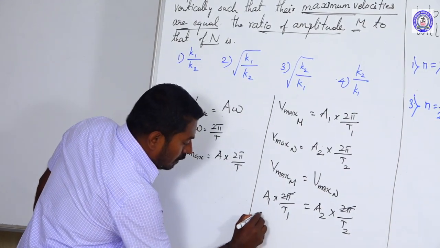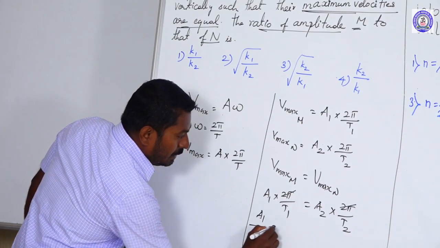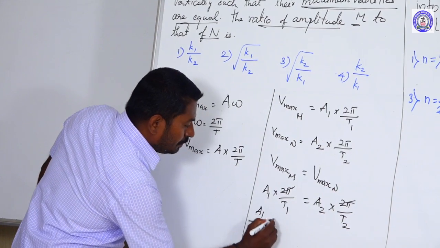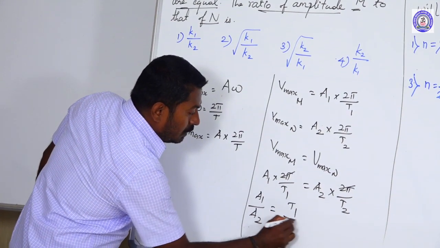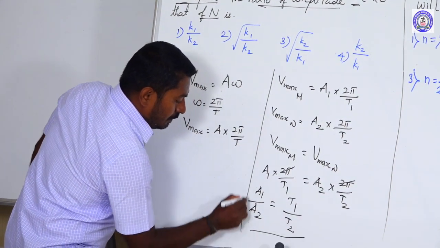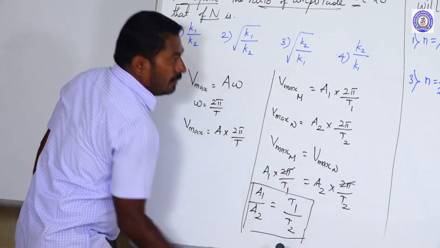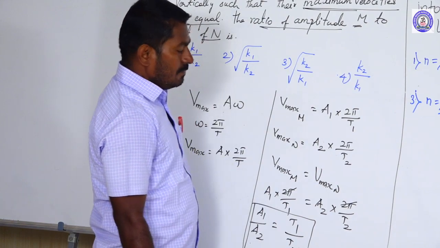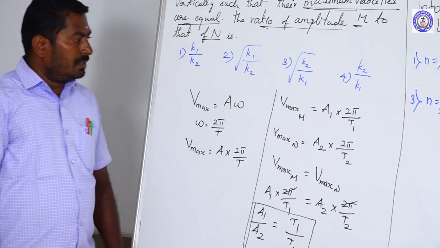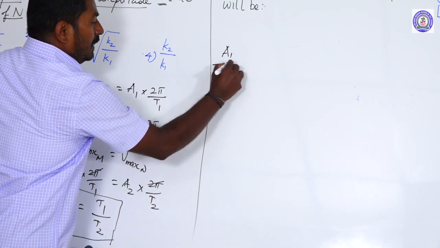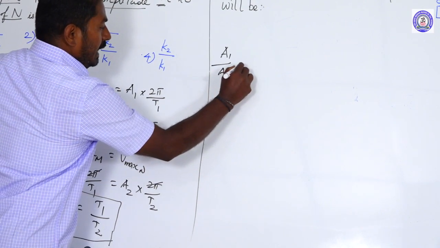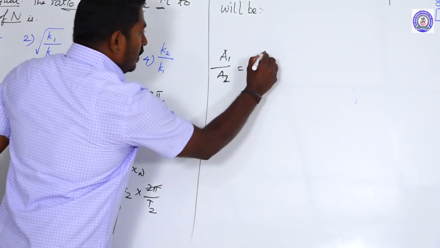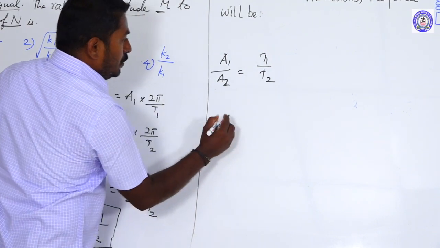Therefore a1 divided by a2 is equal to t1 divided by t2.